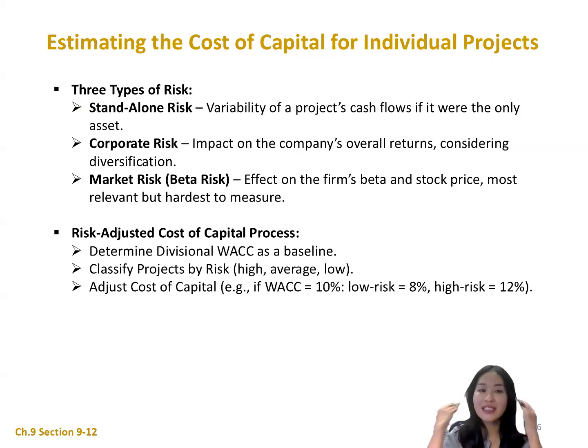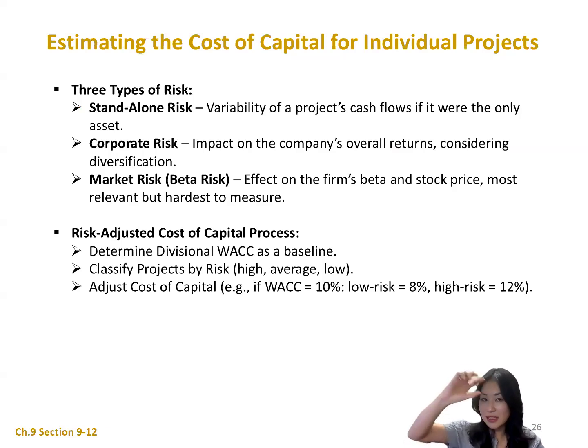Once we assess project risk, we adjust its cost of capital. Let's look at an example. A firm division has a WACC of 10% and assigns projects into risk categories. WACC is 10%, but for a low risk project, the hurdle rate is 8%. An average risk project is the same as the WACC, a 10% hurdle rate.